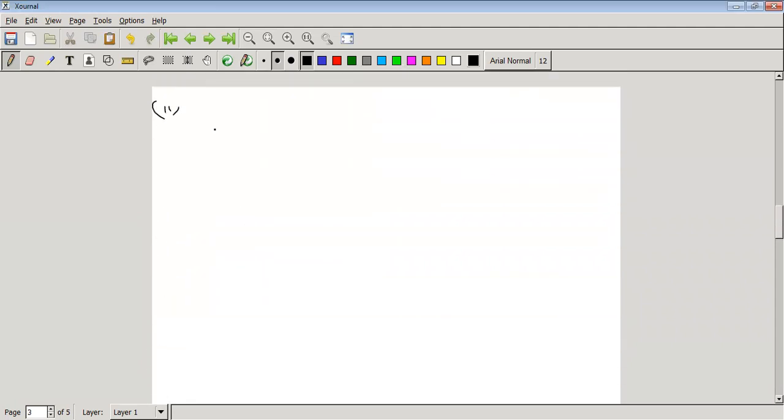Now variance. How can we find variance? Variance of x, we denote this by sigma square, and sigma square is equal to expectation of x square minus expectation of x whole square.